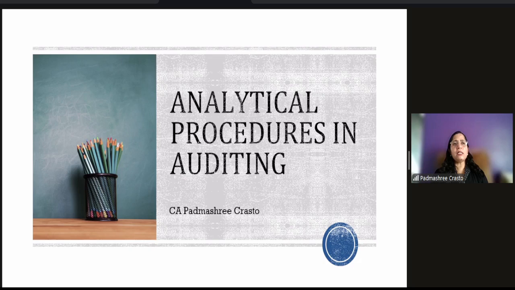So some of the basics I've tried to cover. I'll give some examples of how the digging of the data can be done. Data analytics in itself is such a vast topic that there are courses on it. There are certified data analyst engineers, and people who have taken up data analytics as their career, right? And the same underlying data is going to help us in doing the audit.